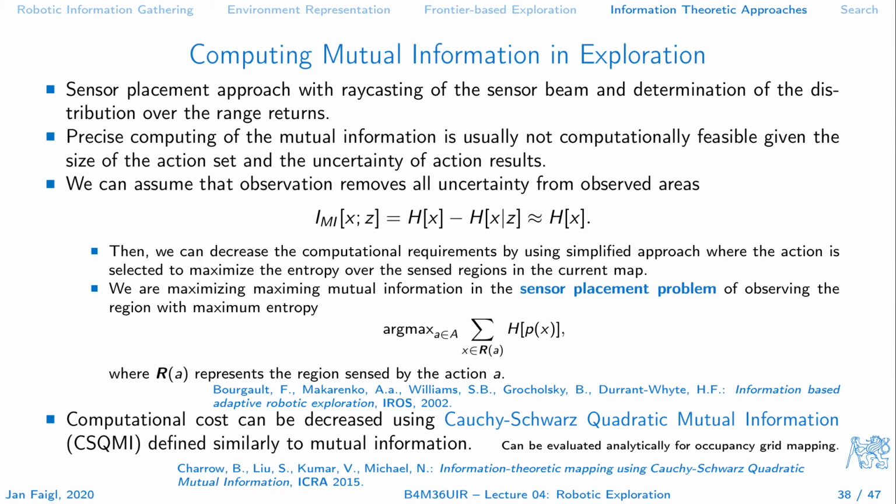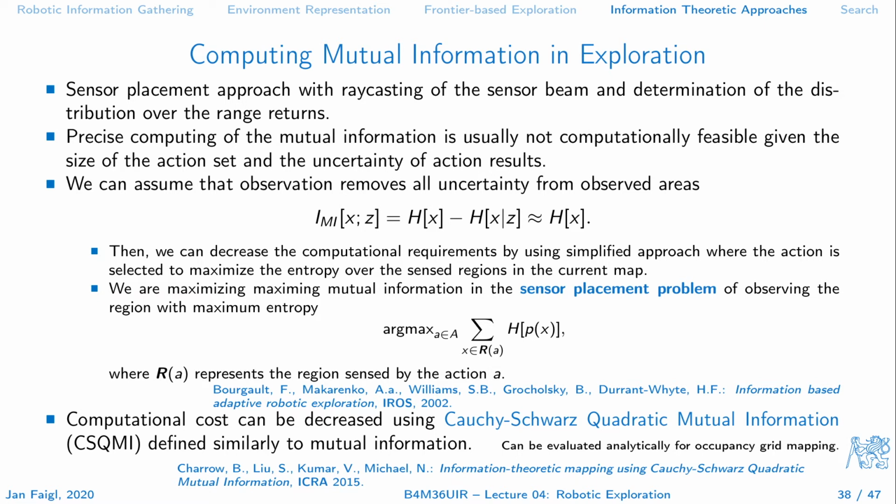So what we can do in this grid-based exploration is to have the sensor placement approach with raycasting of the sensor beam and determination of the distribution over the range returns.